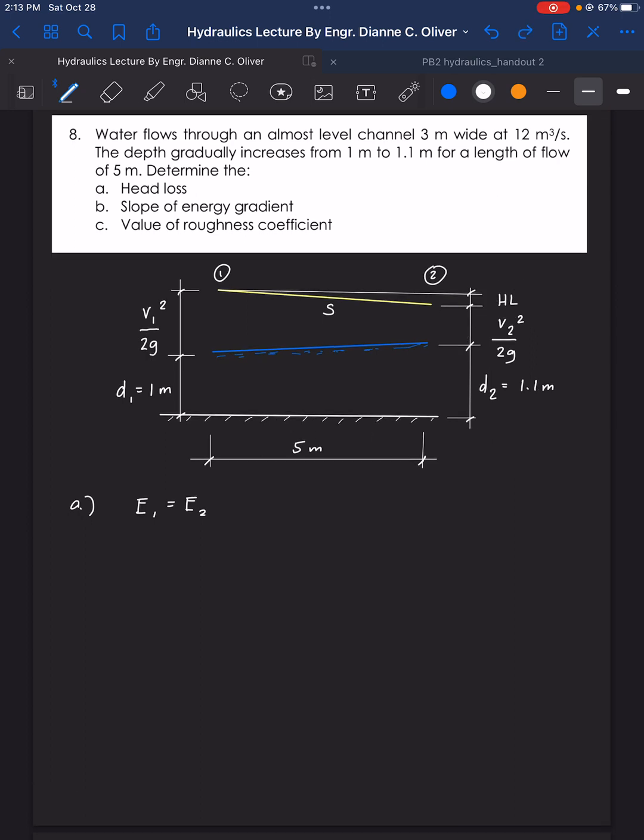So for E1, at point 1, we have the elevation head plus the velocity head, V1 squared all over 2g, equals the energy at point 2. We have the elevation head plus the velocity head plus the head loss.